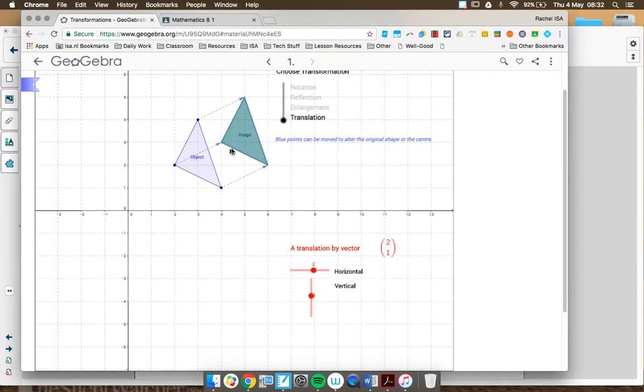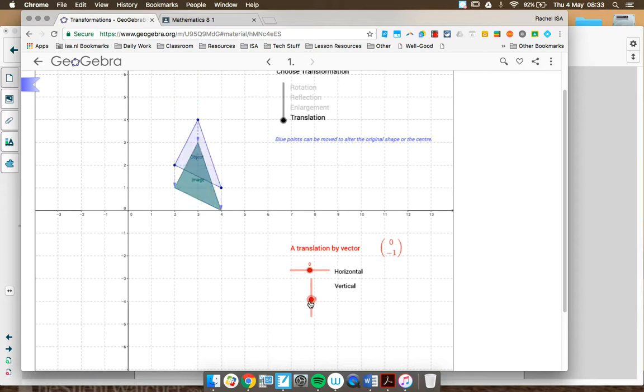So if you have a blue object and you have an image, this is what we call a horizontal translation. So as you see, it's moving side to side. This is called a horizontal translation of the shape. You can also have a vertical translation. So now the shape is being moved up or down.